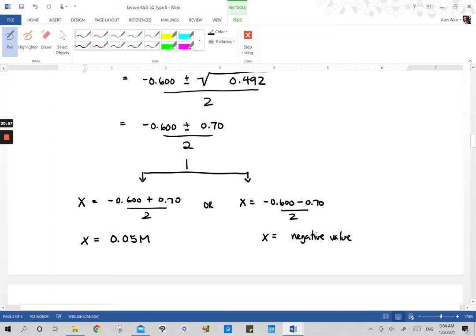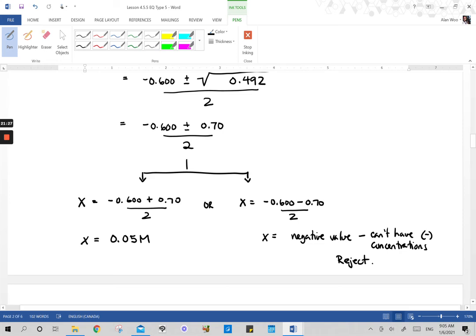We typically can't have negative concentrations, because a negative concentration doesn't mean anything. So we typically have to reject the negative values.